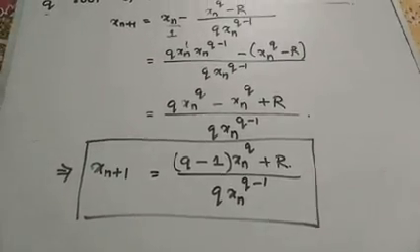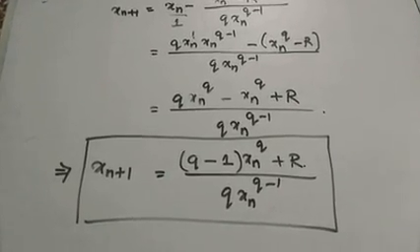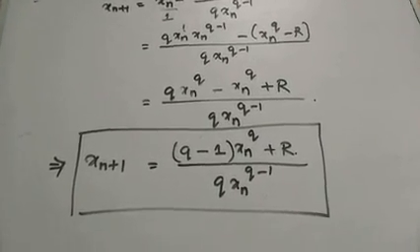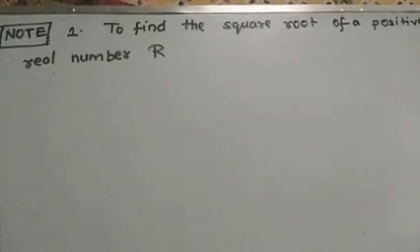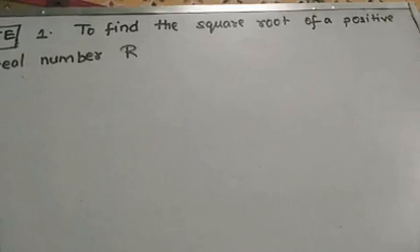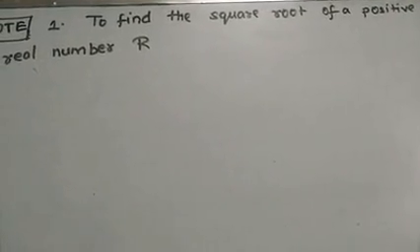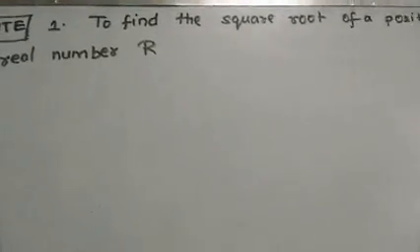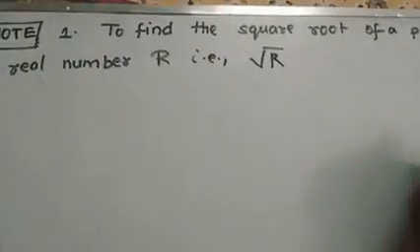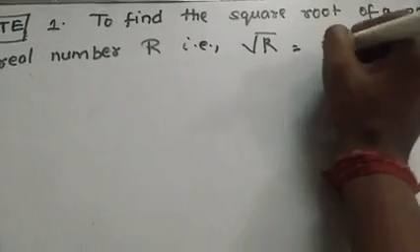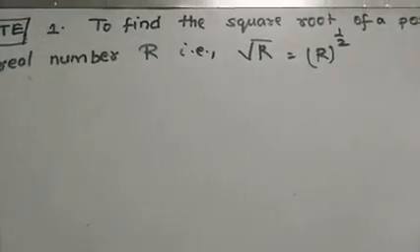So now we will simplify two more cases on this. First one for the square root, second one for the cube root. Okay, so note number 1, to find the square root of a positive real number r, what we have to find? Square root means of a real number r. That is what we can write, r to the power, what is the power of r here? Half.